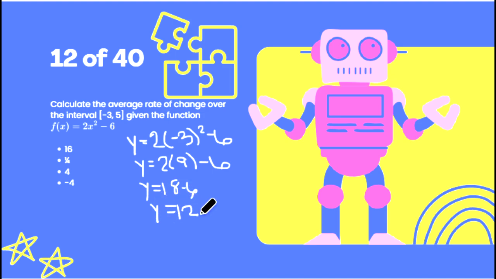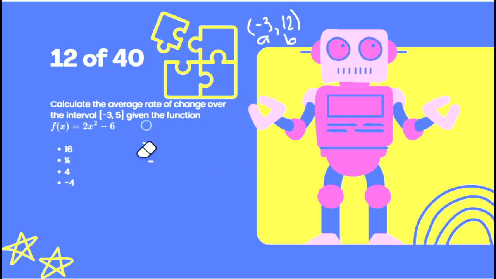So our first coordinate pair is negative 3 and 12. And when we get to our formula, this will be a and b. That's actually not a and b. Ignore that.